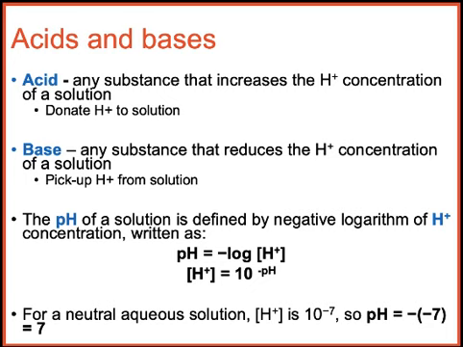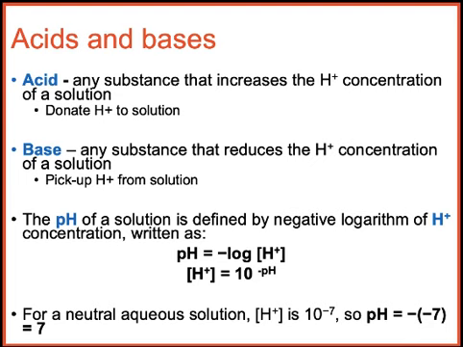The pH of a solution is defined by the negative logarithm of H plus concentration, written as pH equals the negative log of the concentration of this proton, the H plus. Now, you can do the inverse. If you inverse a log, this is way back when mathematics, then to find the concentration of this H plus, you can just do 10 to the negative pH.